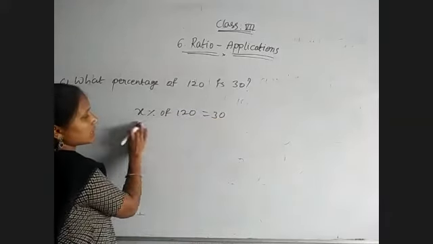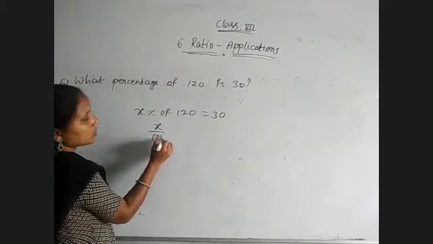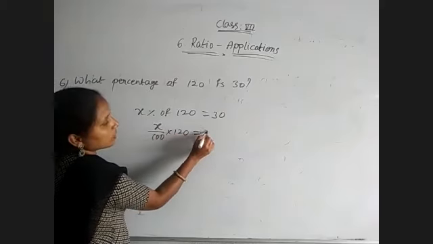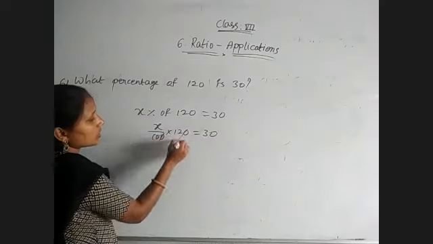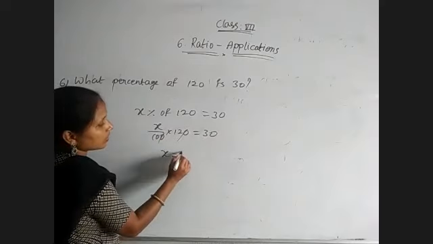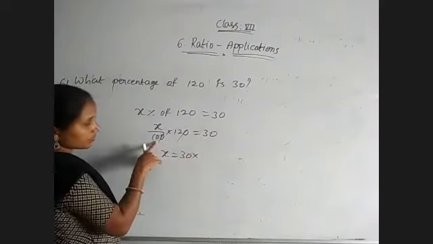Then x percent, that is x by 100 into 120 is equal to 30. So 0 gets cancelled. Now x will be equal to 30 into 10 by 12.